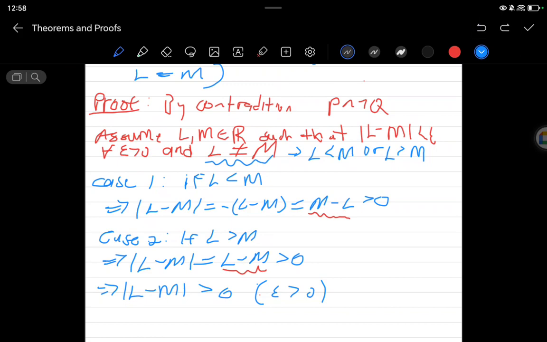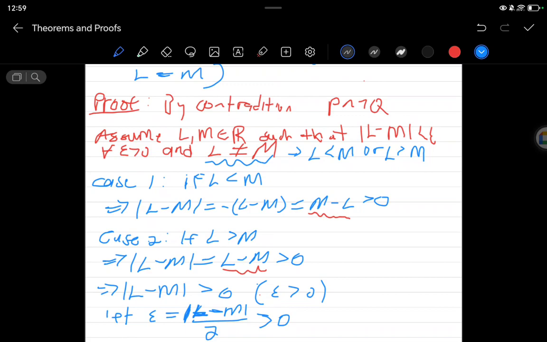So if I let epsilon be equal to the absolute value of L minus M over 2, this is greater than 0. When we want to disprove something, we're always going to let epsilon be something specific.